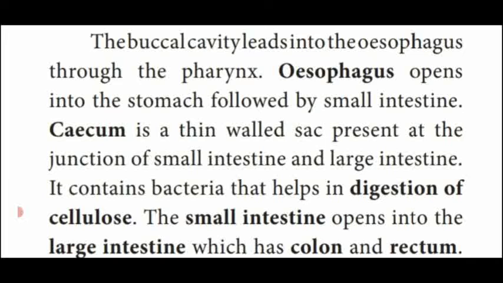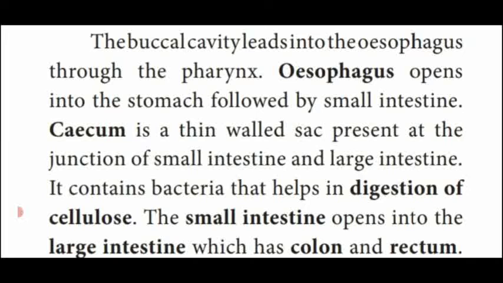Why is the bacteria present in the cecum? That means the food material of the rabbit is plant parts, that is fruit and leafy regions they are eating. The fruit and leafy regions are made up of cell walls which contain cellulose.